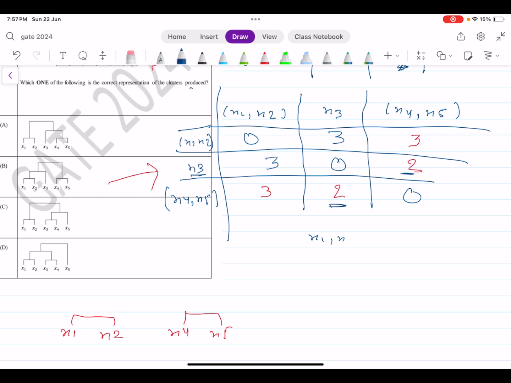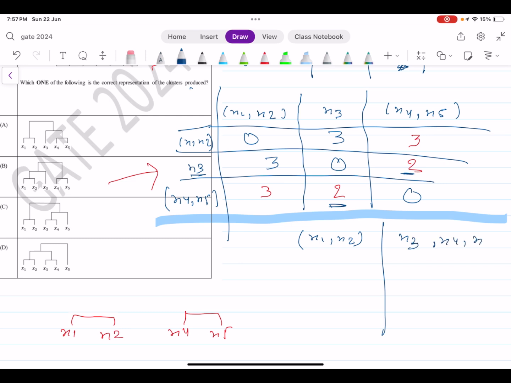One will be x1, x2, and the other one will be x3, x4, and x5. Same on this side, x1, x2 and x3, x4, x5. Okay, and we'll create the same table here.